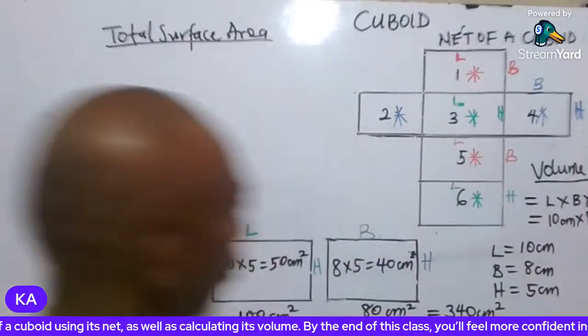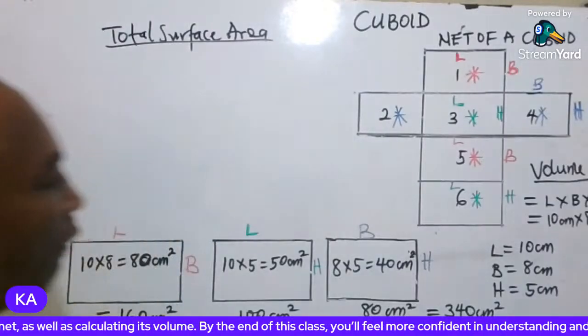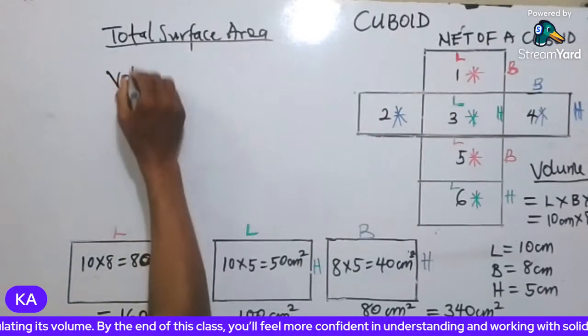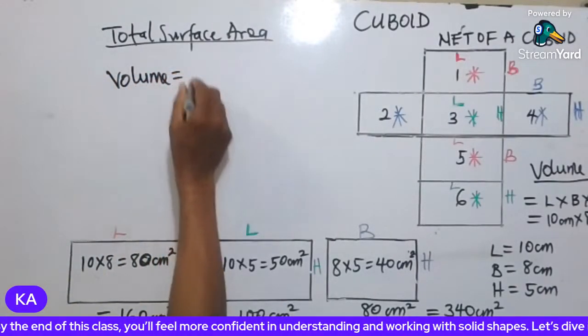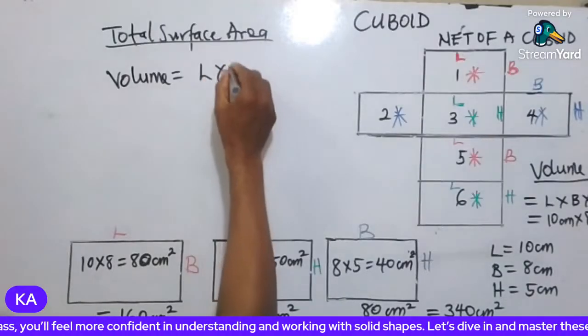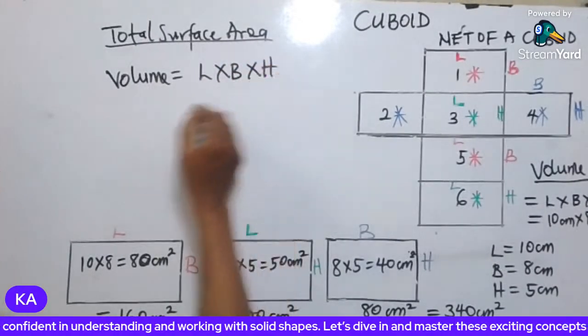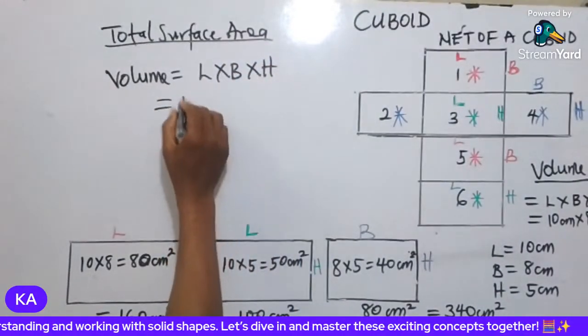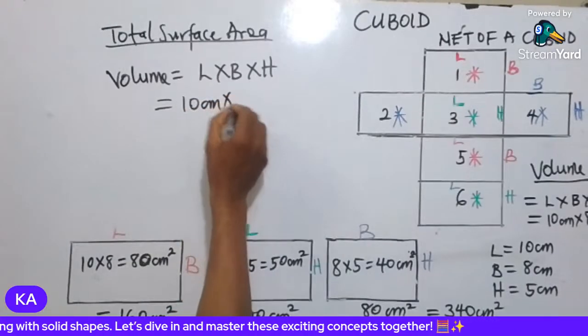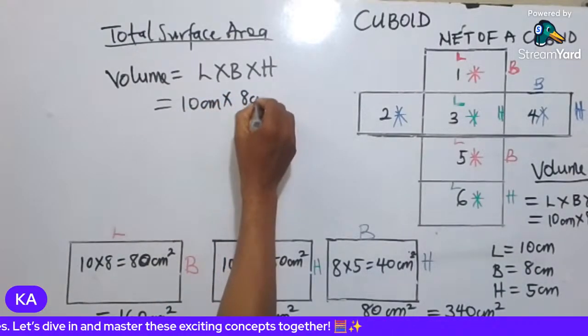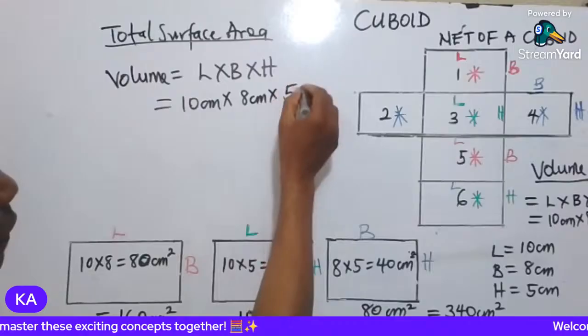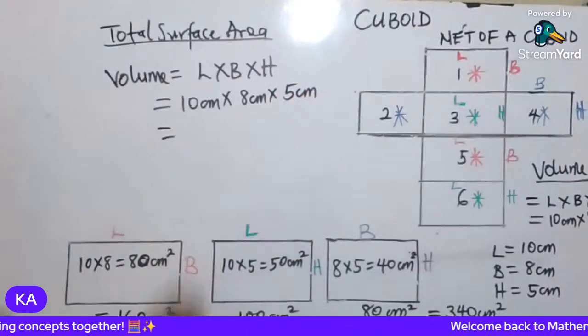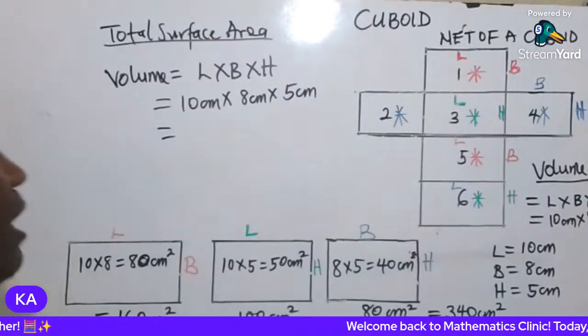Okay, so we were looking at the volume. The volume equals length multiplied by breadth multiplied by height. So the length is 10 centimeter multiplied by breadth, 8 centimeter, multiplied by 5 centimeter. So what is that going to give us? Can we do that quickly?